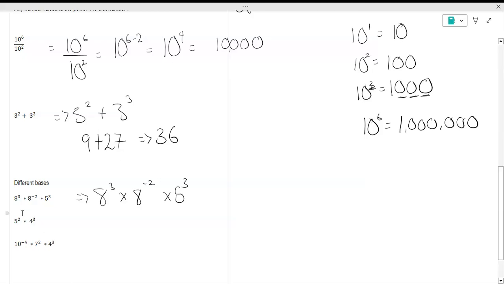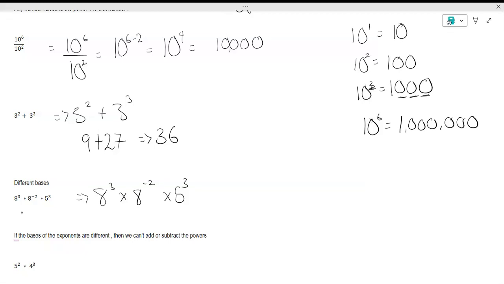Okay, so if the bases of the exponents are different, then we can't add or subtract powers.